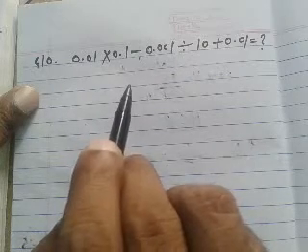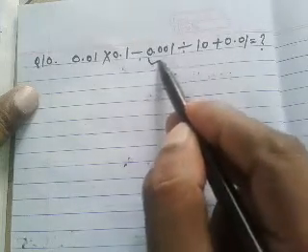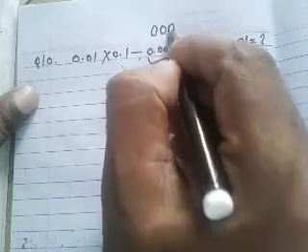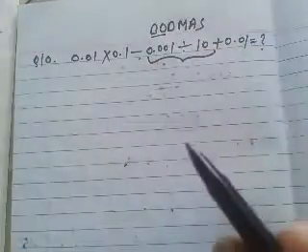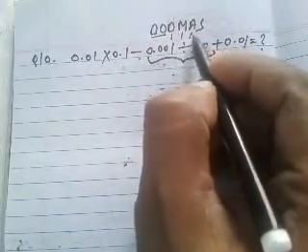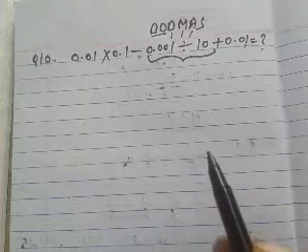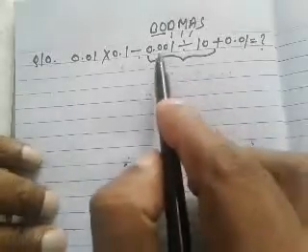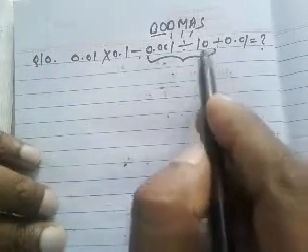According to the BODMAS rule, first of all we have to solve division, because in the BODMAS rule, first bracket off means remove the bracket, then division, multiplication, addition and finally subtraction, then we will get the final answer. So in this case first of all we have to perform the division operation.